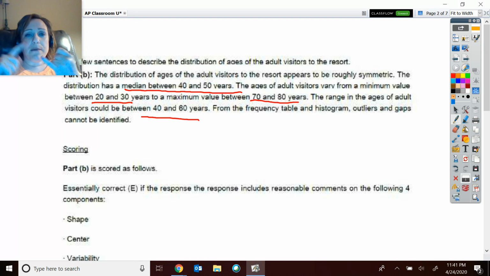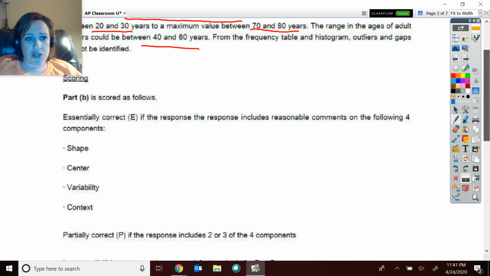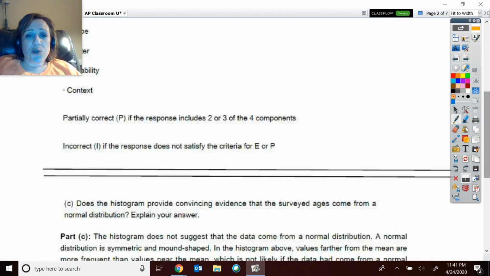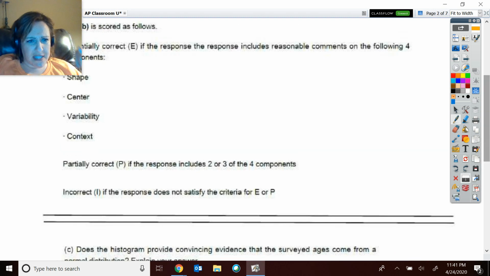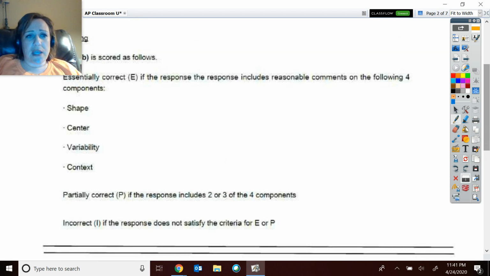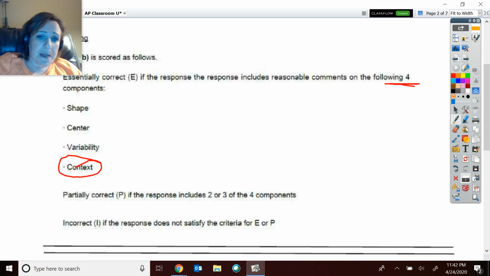All right, so I was sad at how many people did not describe that entire distribution. So let's look at that scoring. You had to get all four components to get an essentially correct. Partially correct if the response includes 2, 3, or 4. In order to get essentially correct, you had to have all of those components and be in context, of course.